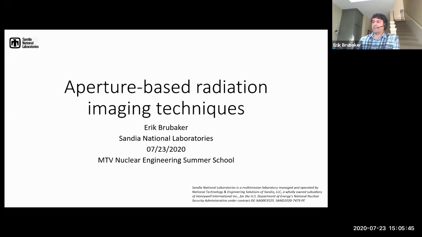Today's talk on aperture-based imaging techniques is a counterpart or a partner to what Will presented the other day on double scatter imaging.